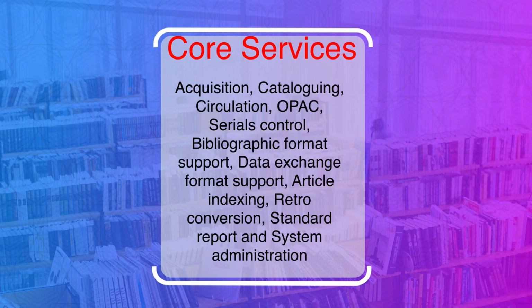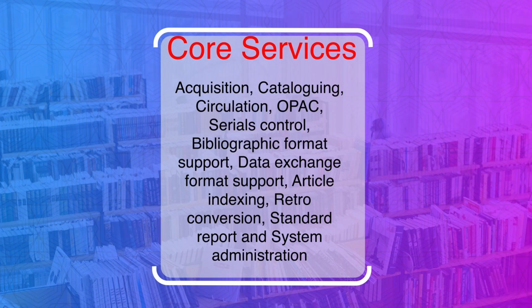So in the core services, the core modules of any ILS should be acquisition. It should support acquisition through acquisition module, cataloging module, circulation module, OPAC, serials control, bibliographic format support like MARC 21 family of standards, at least MARC 21 bibliographic format or MARC 21 authority format, data exchange format so that you can procure data in MARC XML or in ISO 2709, and that must be UTF-8 compliant, that is Unicode compliant for multilingual data.